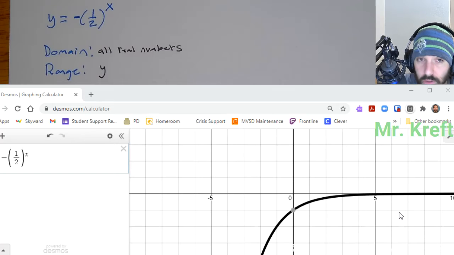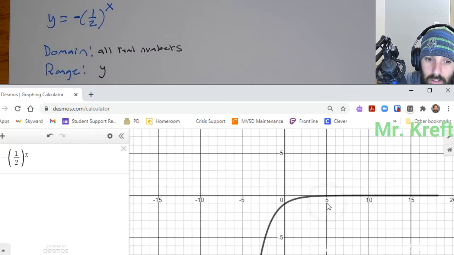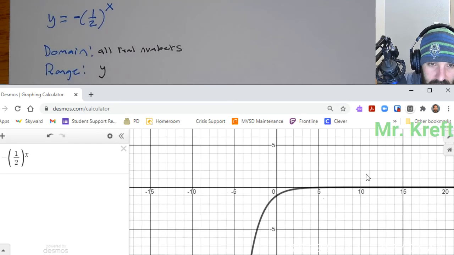So if you're saying y is greater, a way to interpret greater means above. So a lot of people are saying y is above. So if you're saying y is above, what value is it above? Because when I take a look at this, does it look like this graph is above something, or does it look like it's below something?